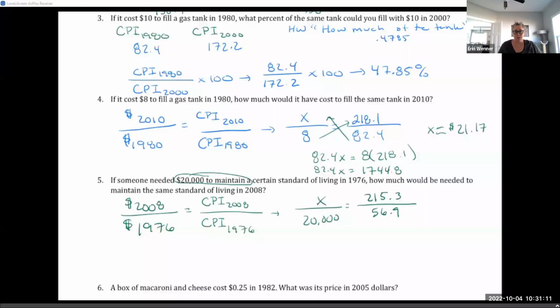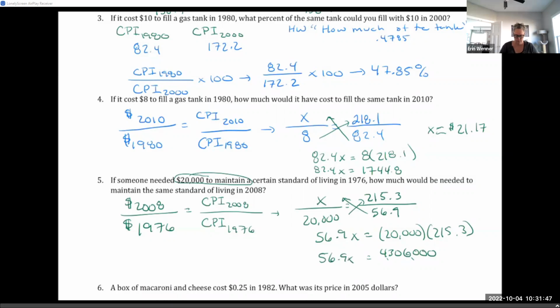Cross multiplying, we've got 56.9x equals 20,000 times 215.3. 20,000 times 215.3 gives us 4,306,000, and that's equal to 56.9x.